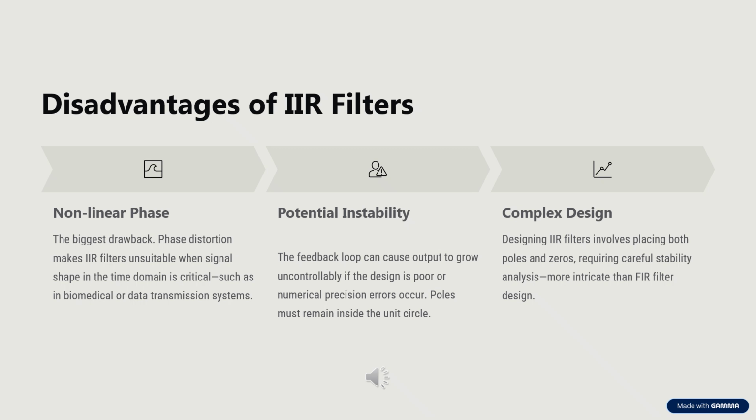So you will hear the same chord, just a delayed version of it. But an IIR filter would delay some frequencies more than the others. So you will hear the different frequencies of the same chord at different intervals of time. This distortion makes IIR filters unsuitable for applications where the exact shape of the signal is critical.